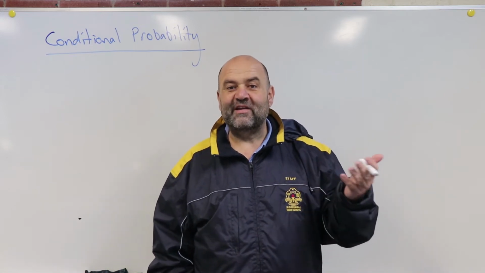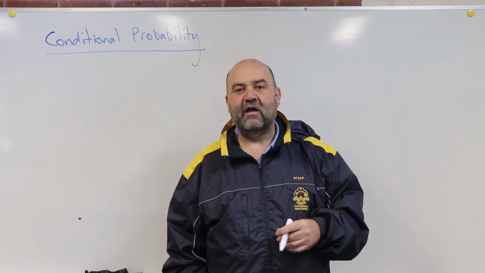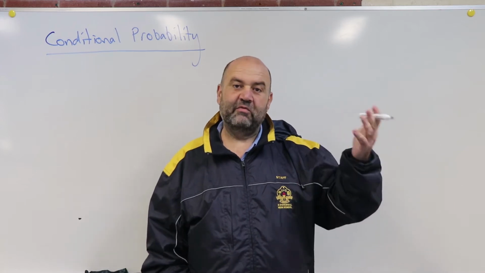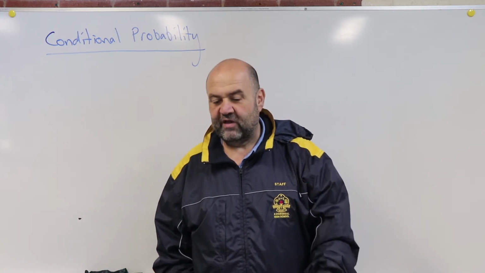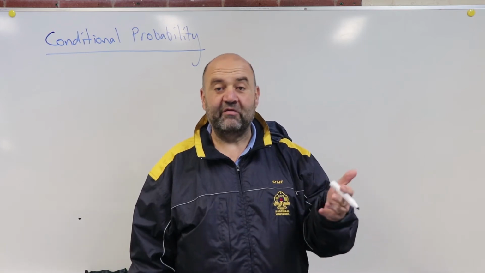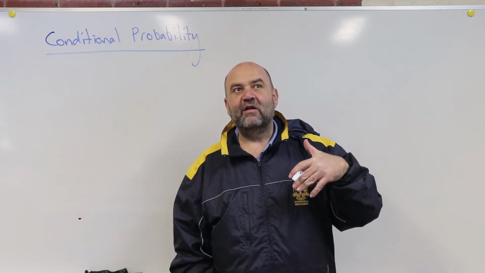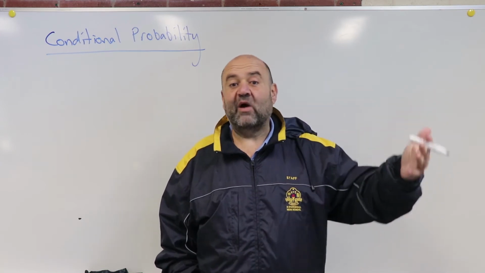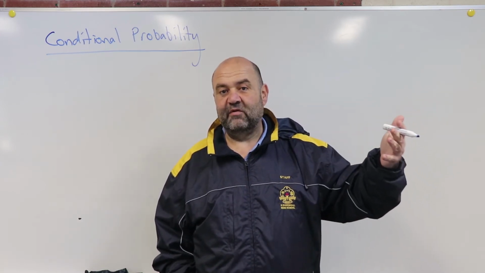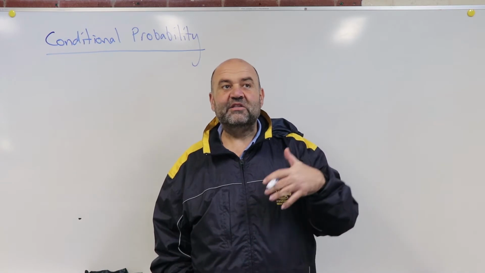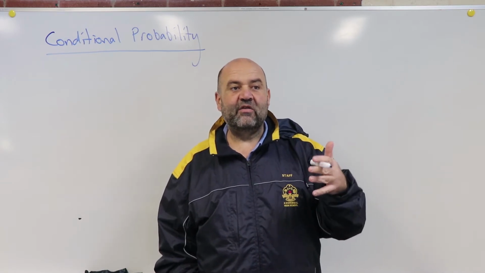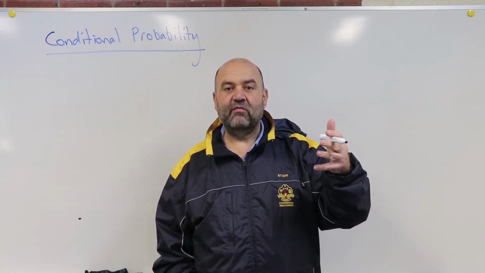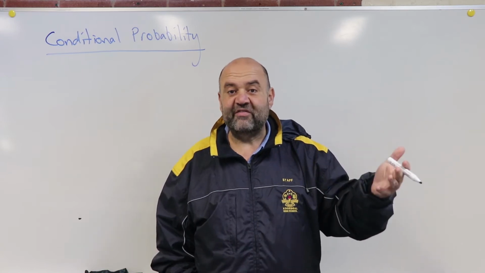But in certain conditions, that might be pretty high. So it might be really old, or very, very young, or immunocompromised, or whatever. Okay, so the conditions change the number of ways that a thing can happen. The conditions change the number of possible things that can happen.